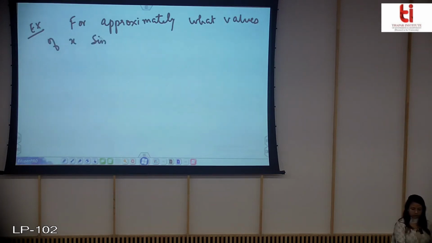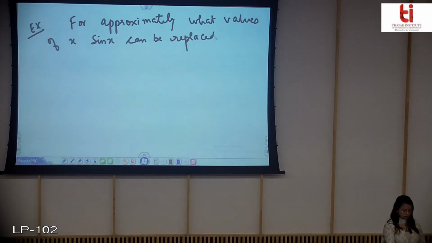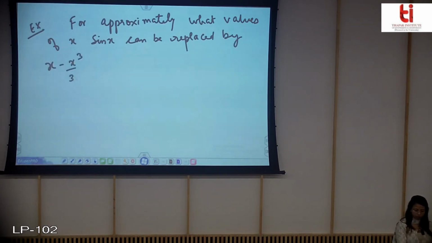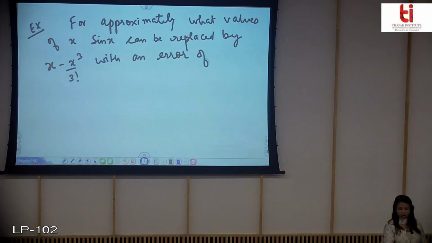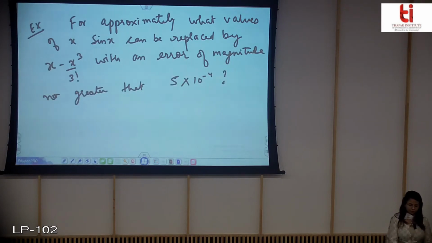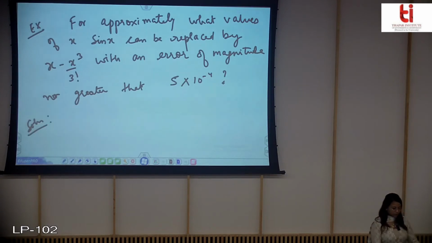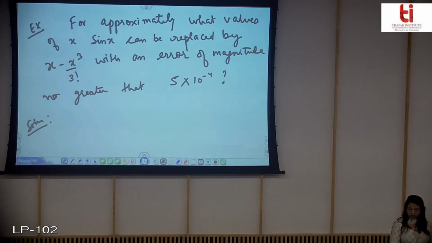For approximately what values of x can sin x be replaced by x minus x cube by 3 factorial with an error of magnitude no greater than 5 into 10 to the power minus 4? Okay, so simply, firstly write down the Maclaurin series.